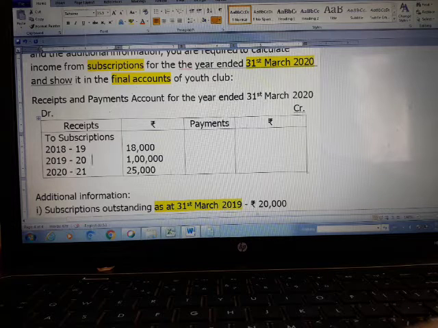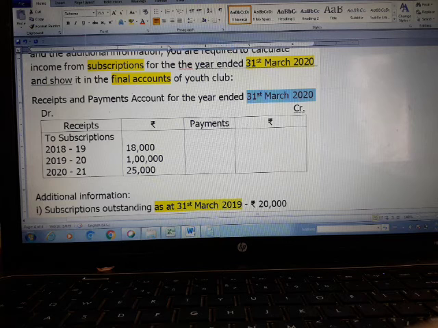And here they have not given the total value of subscription altogether. In the previous problem they had given the total value of subscription also. Right. Now 1819, 1920 and 2021. Which means during the year ended 31st of March 2020, I have received subscriptions for 1920.